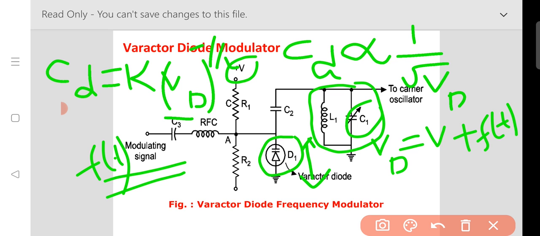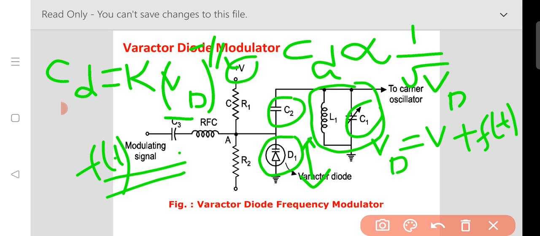This is only a tuned circuit, so consider these capacitors as the total. See here, C equals C1 plus C2 plus C3. It is taken like that, no problem. Here the total capacitance C1 plus C2 plus C3 is considered as C.